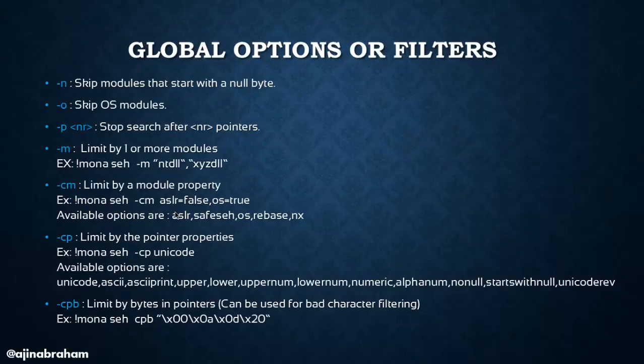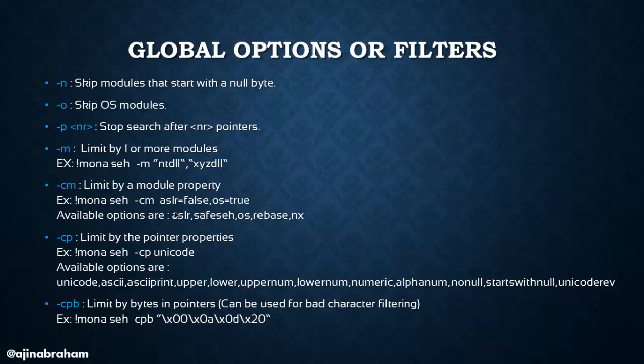So I told you before there are some global options. These are some of the global options which you can apply as filters, right? So -n means skip the modules that start with a null byte. -o means skip OS modules. -p nr will stop the search after nr pointers. And -m means limit the search to one or more modules.